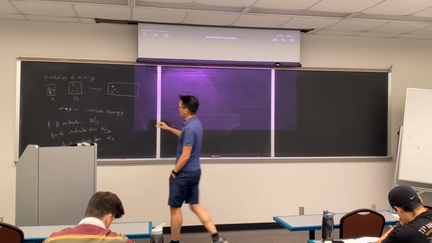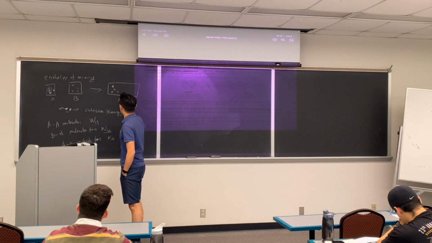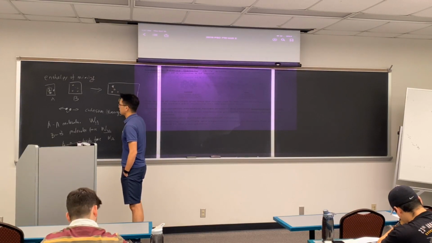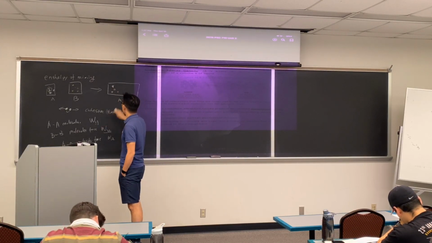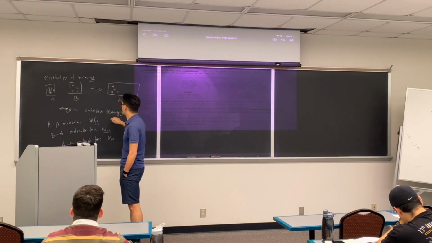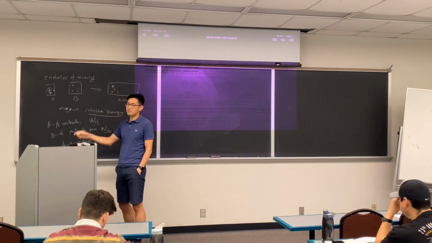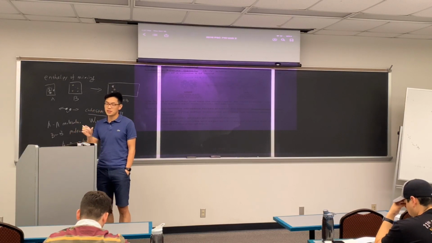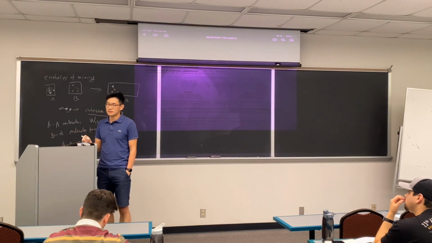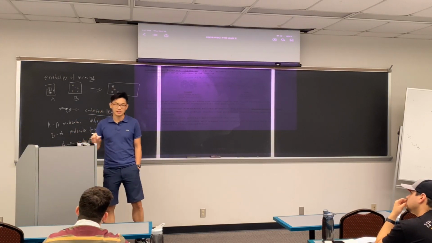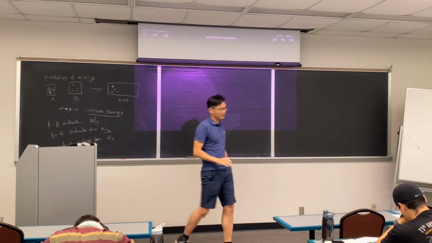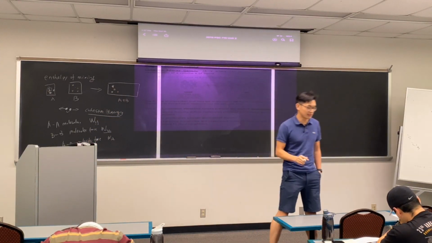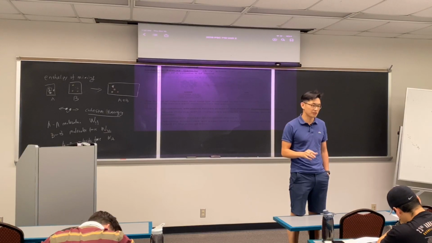How can we describe the different states of AB and A plus B in terms of enthalpy? Because we basically use the cohesive energy to describe this enthalpy change before and after. This magic term called cohesive energy is basically one term that can describe all these conditions.